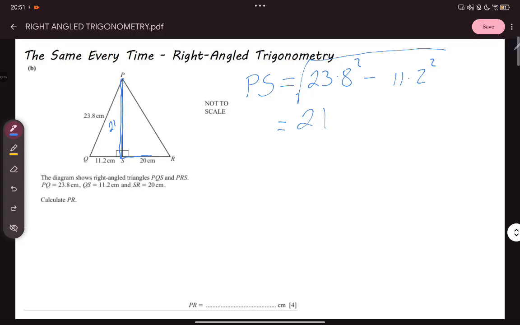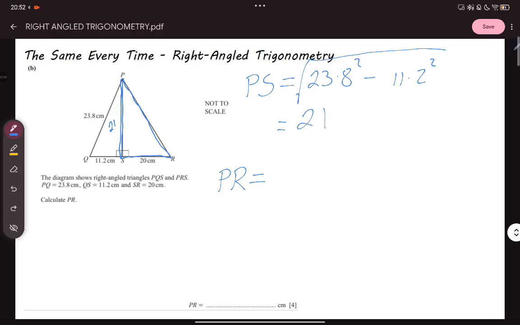And now I'm working with this right-angled triangle just here because the question actually wants me to find P to R. Now, if I look at the PRS triangle on the right-hand side, P to R is the longest side. It's the side opposite the right angle.